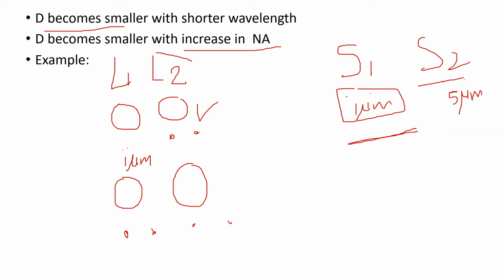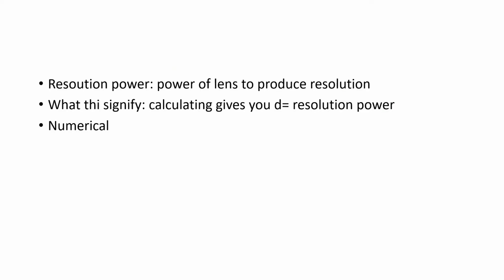That means lens 2 has greater resolution power. But what is resolution power? Resolution power is the power of the lens to produce resolution. The greater the power of the lens to produce resolution, the greater the resolution in the image.